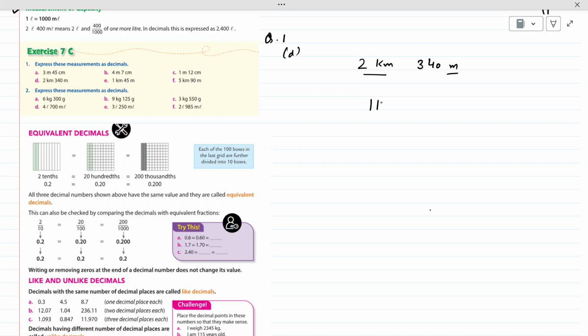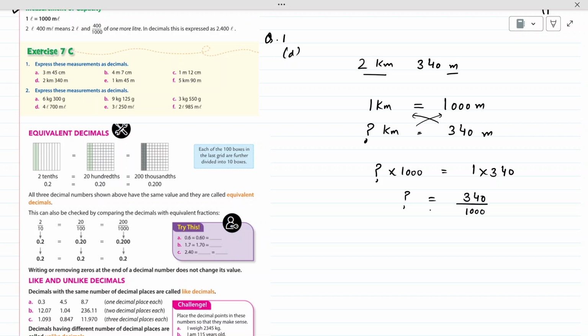We know that 1 kilometer is equivalent to 1000 meters. We have to find out how many kilometers will be there in 340 meters. So again, cross multiply. Question mark into 1000 is equivalent to 1 into 340. Question mark is equivalent to 340 divided by 1000 kilometers, right?